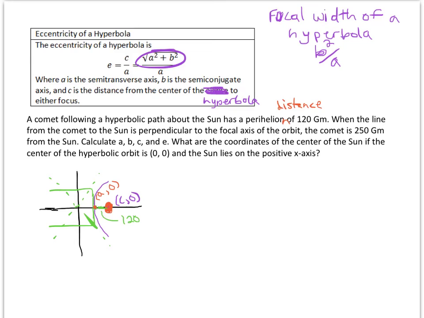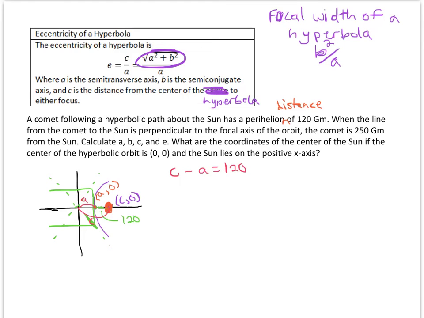So the distance from 0 to here is a, because that's the vertex, and so that's a comma 0. The distance from 0 to the sun is c in this case, because that's how far it is to the focus. And in between those, we've got this 120, so that means c minus a is 120.